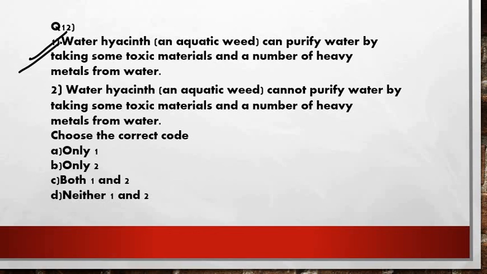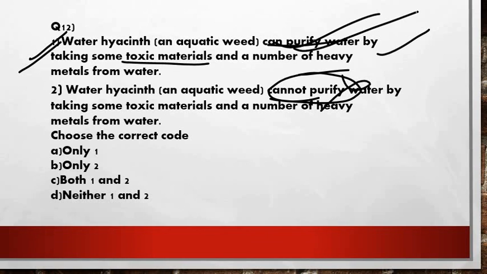Yes, it is obviously a correct statement because it will purify toxic materials from the water bodies. The second statement says water hyacinth and aquatic weed cannot purify. Whenever you see 'cannot', this statement is wrong because we know that it will purify the water body. So the second statement goes wrong. Here option A will be the right answer, that is only one statement is correct.